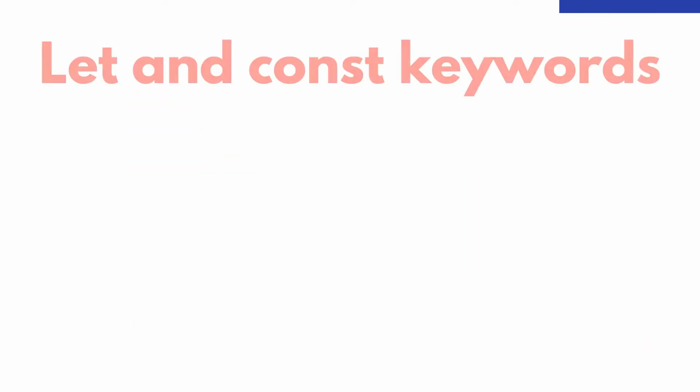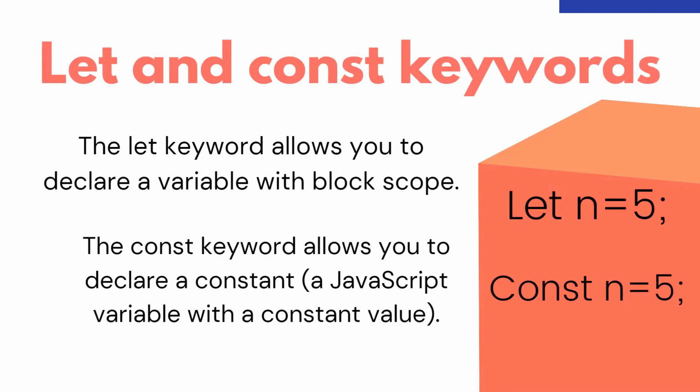Next we are going to discuss the let and const keywords. If you are using a function or a code snippet and you want to use a specific variable inside the function only, and you don't want to use that variable outside the function, for example if you are using a function add and a variable x equal to a plus b, and you want to use that x only in the function, in that scenario you can use the let keyword.